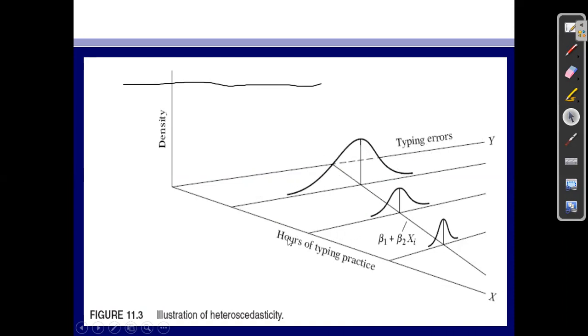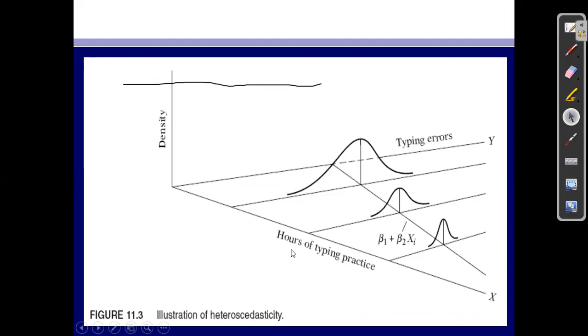But as the number of hours of typing practice increases, the variation in typing errors is decreasing. So in this case also, the variance of the disturbance term and ultimately the variance of the dependent variable y does not remain constant, but in this case it is decreasing, right? So in both cases, we say that we have a problem of heteroscedasticity, right?